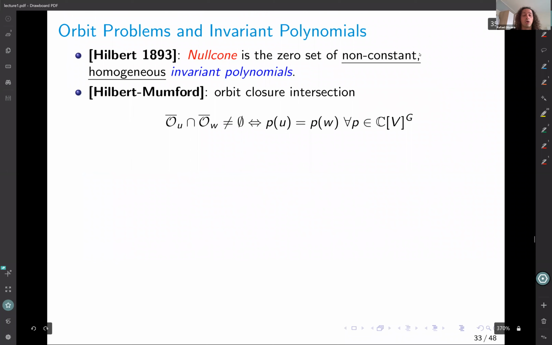Okay, and later Mumford also generalized this to the orbit closures.